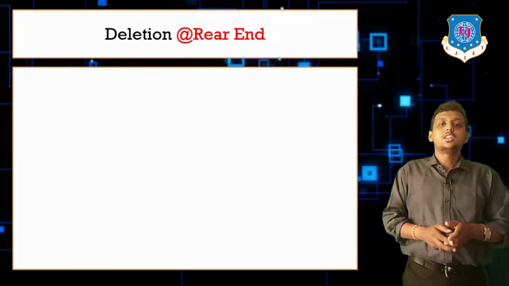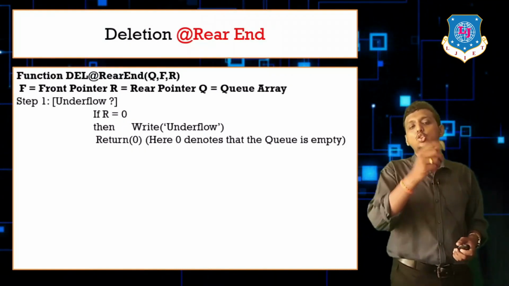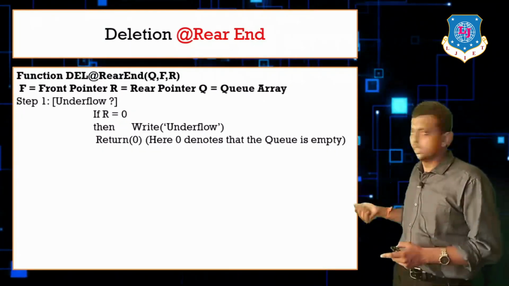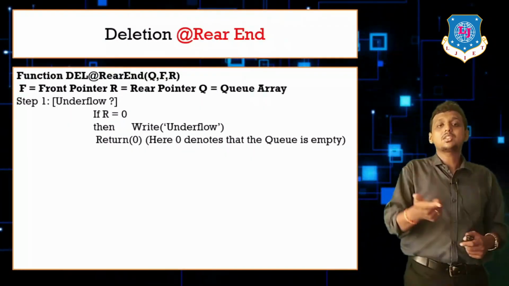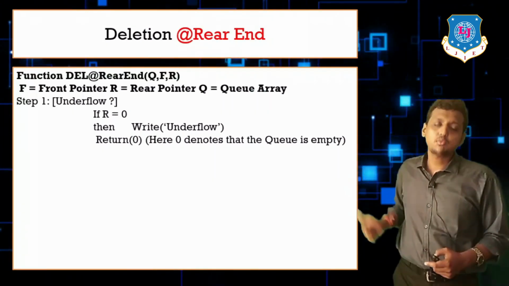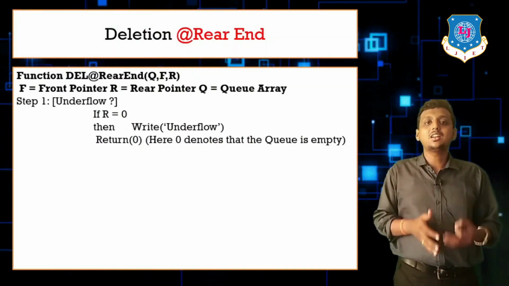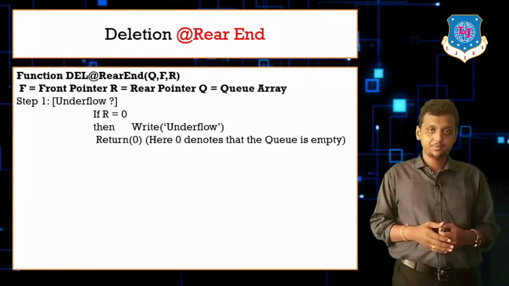Fine. So just check out the algorithm. First, you can see that your Q is empty when your rear pointer is at 0. See, in the previous algorithm we have written that f is equal to 0, but here I am going to write rear is equal to 0. Why? Because this is deletion at rear end, and I am concerned with the rear end only.